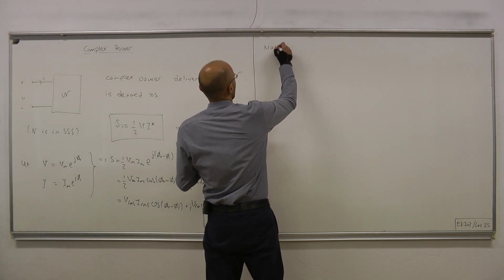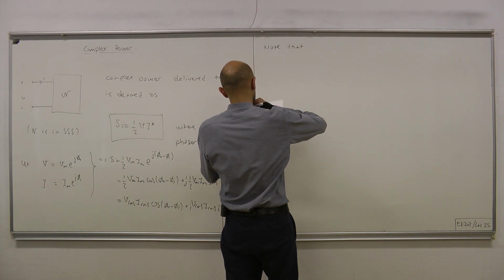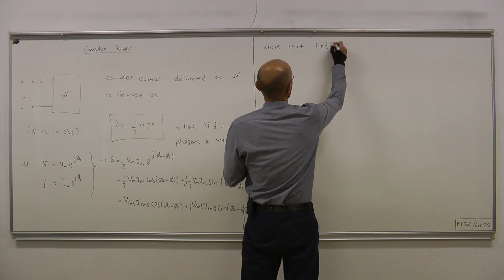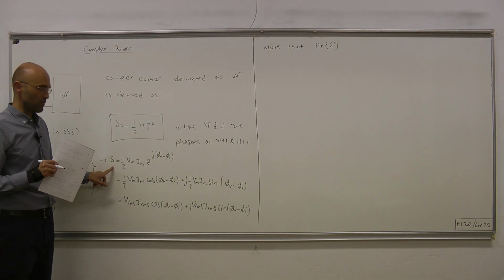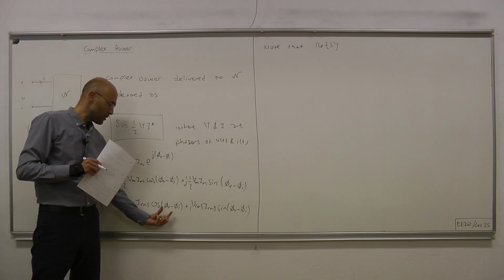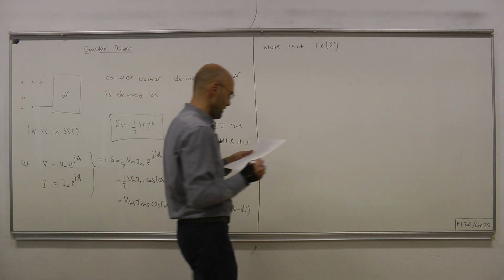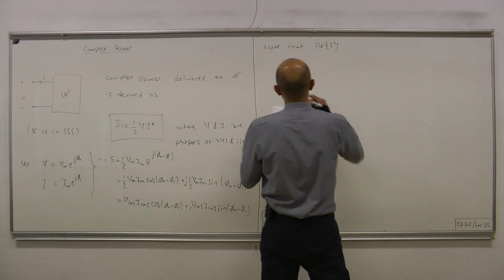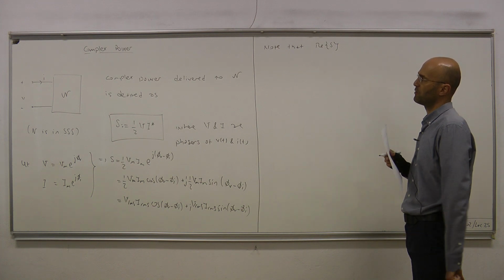Now, we remember from the previous lecture that the real part of the complex power is Vrms Irms times the cosine of the phase difference between voltage and current, phi V minus phi I. That was the average power associated to the one port.